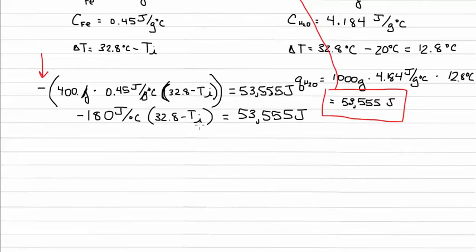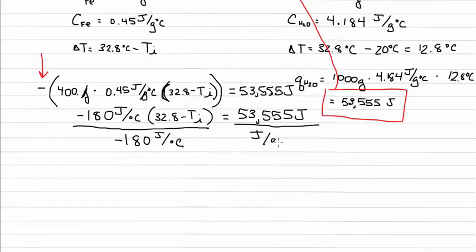I'm trying to isolate this. I know your initial thought is to distribute. Resist. The math is slightly easier if you first divide both sides by negative 180 joules per degree Celsius. That gets it out of the way over here. Joules cancels with joules, and 1 divided by degree Celsius is going to be degrees Celsius.